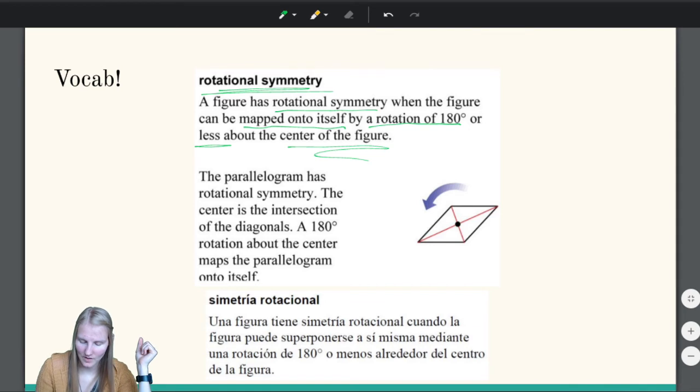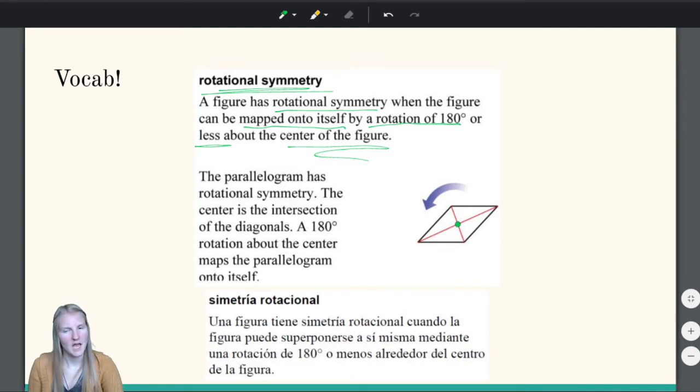The center of the figure. For example, this parallelogram, the center of it is right here at this point. Now, if we can spin this shape, or rotate the shape, 180 degrees or less and have it look exactly the same, it has rotational symmetry.